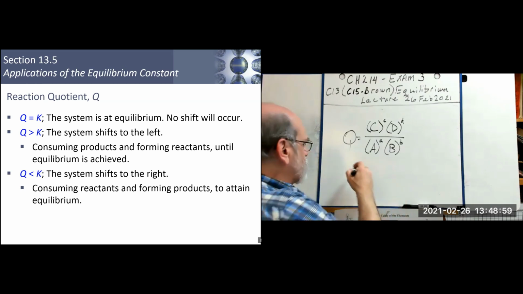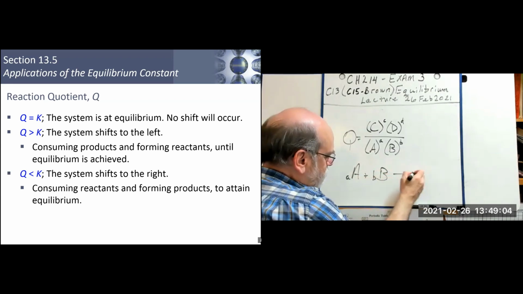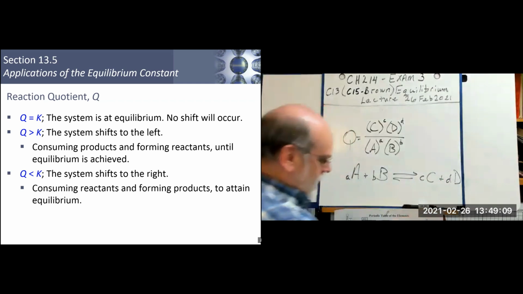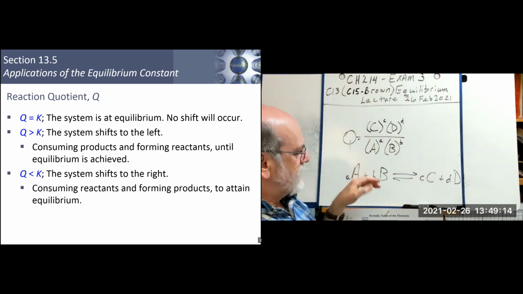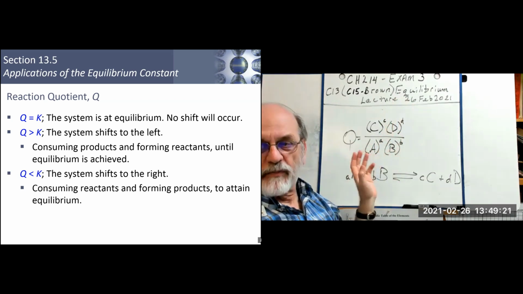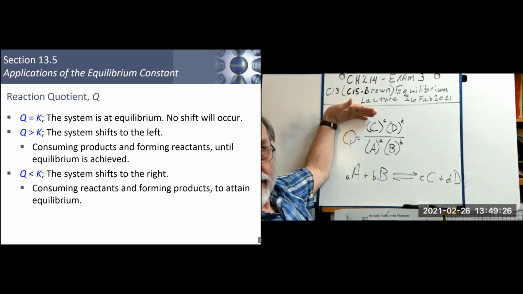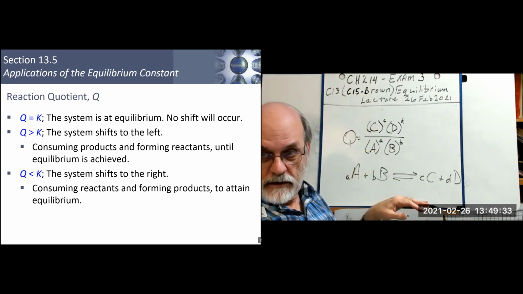If Q is greater than K, what does that say? I better write the reaction here. Okay. If Q is greater than K, what's the proportion of products to reactants? That says that the products are too high and the reactants are too low.